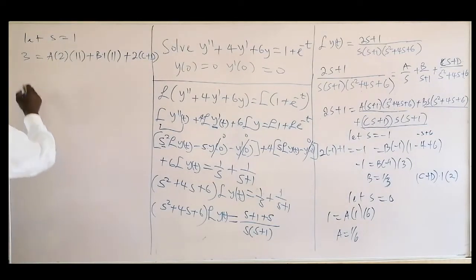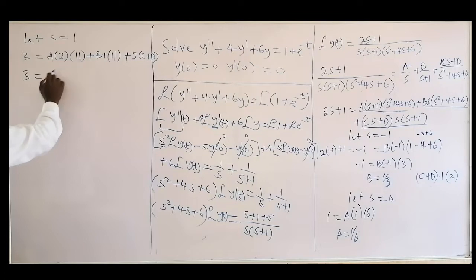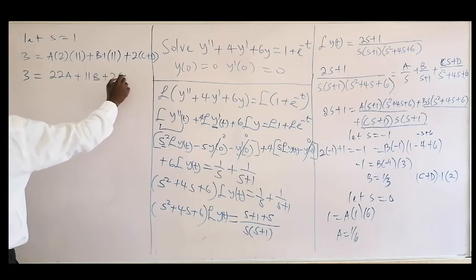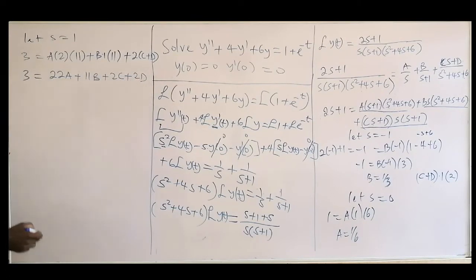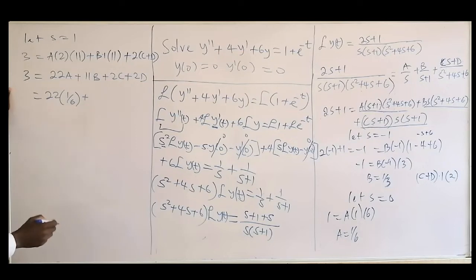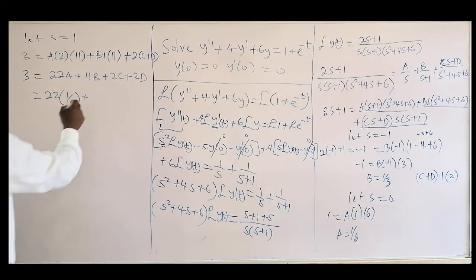Okay, and that will be equal to 3 into brackets. This one times this one, that's 22a plus 11b plus 2c plus 2d. Already we have value for a, which is 1 over 6. We have value for b also, which is 1 over 3.